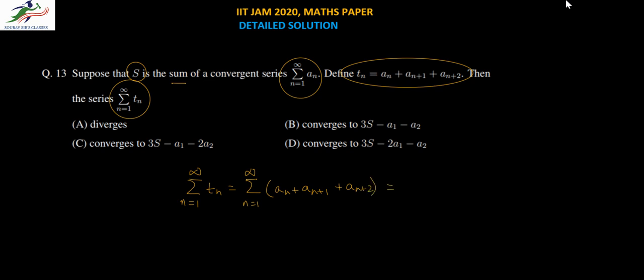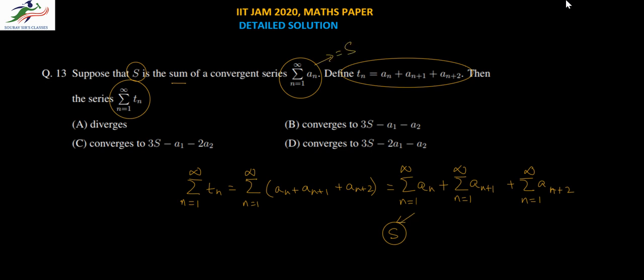So this can be simplified as sigma n equal to 1 to infinity an plus sigma n equal to 1 to infinity a(n+1) plus sigma n equal to 1 to infinity a(n+2). So the first one is nothing but S, because sigma 1 to infinity an is equal to S. This is given.